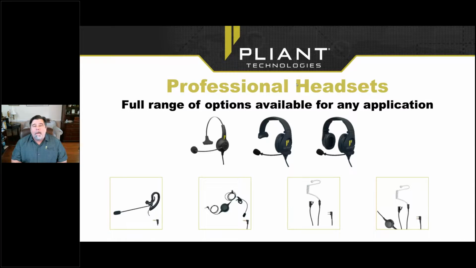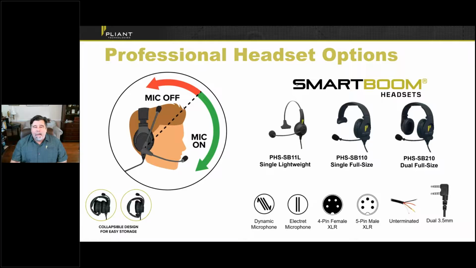Next slide. First off, all 3 models, the SB11, 110, and 210, have a nice feature called Smart Boom. When the boom microphone is set to approximately the 12 o'clock position on your headset, it will shut off the microphone.